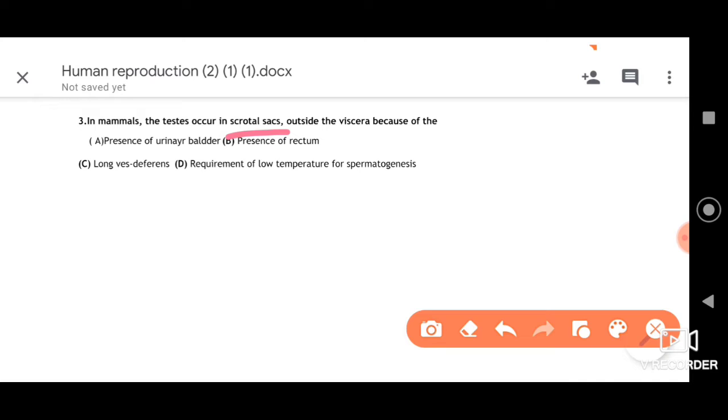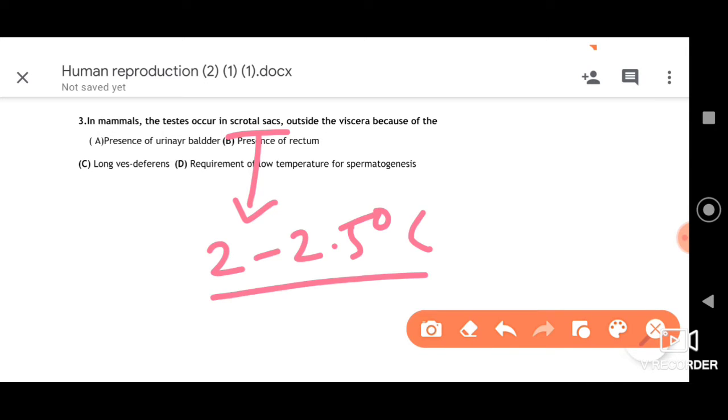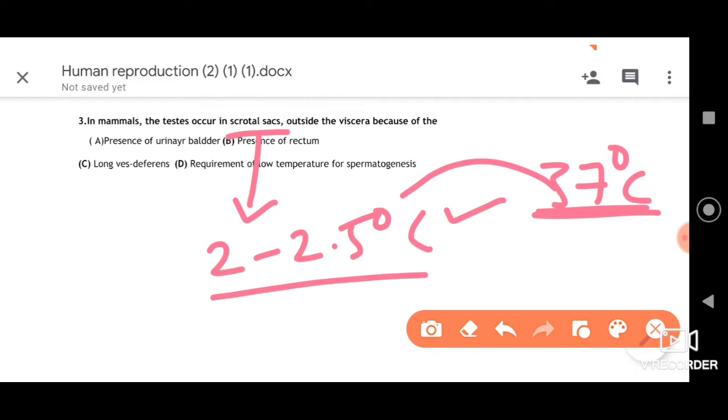Also, as the pouch is present outside the abdominal cavity, it provides the right temperature, probably 2 to 2.5 degrees lower than the actual body temperature. If the internal body temperature is 37 degrees Celsius, then 2 or 3 degrees Celsius lower will be the temperature near the scrotal sacs, inside which the testes are situated.